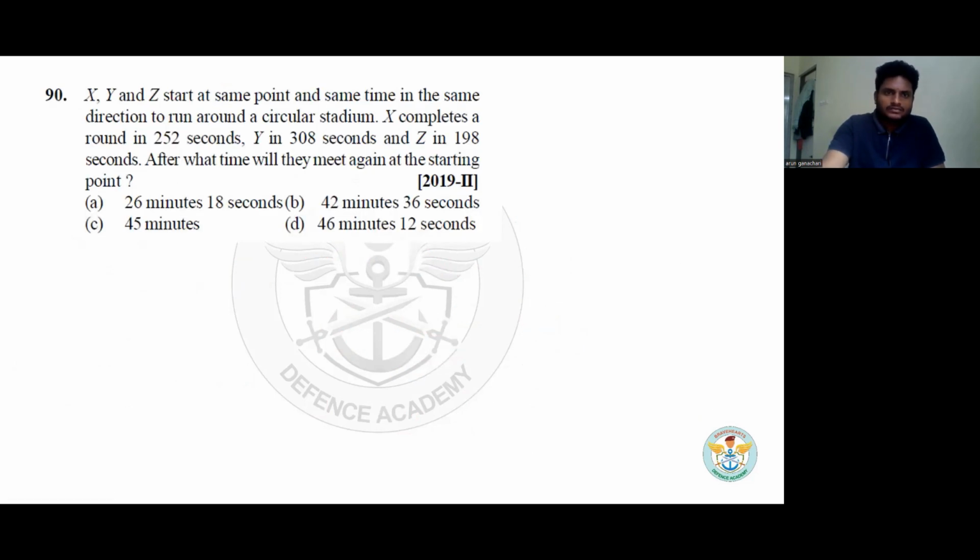This we have solved. Try this. This is also a different sum. We have done a similar sum.